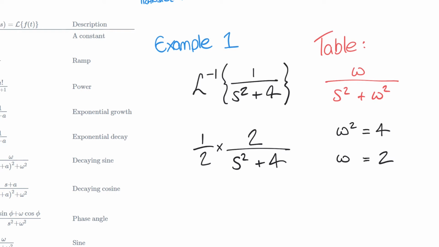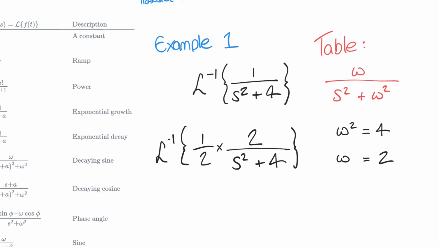And so now we have, rather than 1 over s squared plus 2 squared, a half times 2 over s squared plus 2 squared. And this arrangement, this fraction here, now satisfies the table entry that we saw for the sine function.